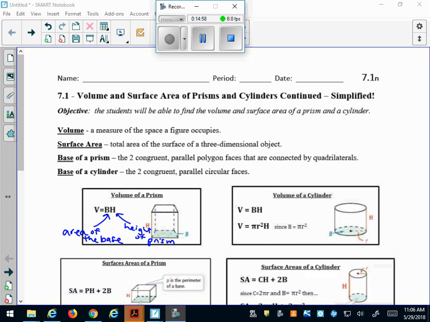So, if we look at a three-dimensional object, and we imagine that it's flattened out into a pattern like this. This, by the way, is called a net.